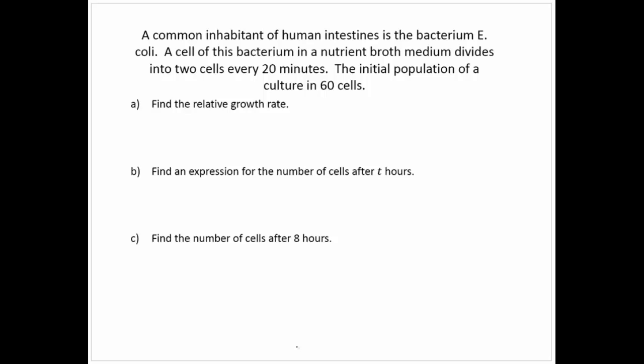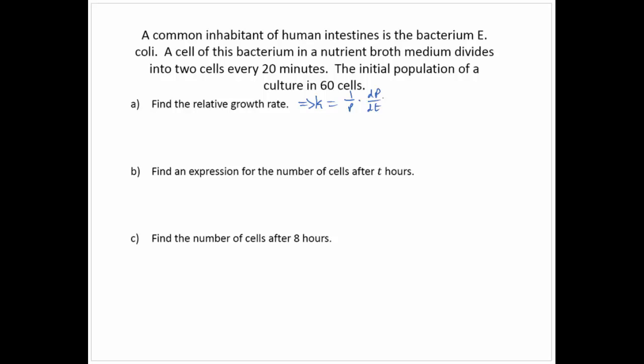First, we want to find the relative growth rate. So recall, just from the previous statement, that the relative growth rate is that k value, which is 1 over P times dP/dt. So we can start by saying, how do we know that this is an exponential?